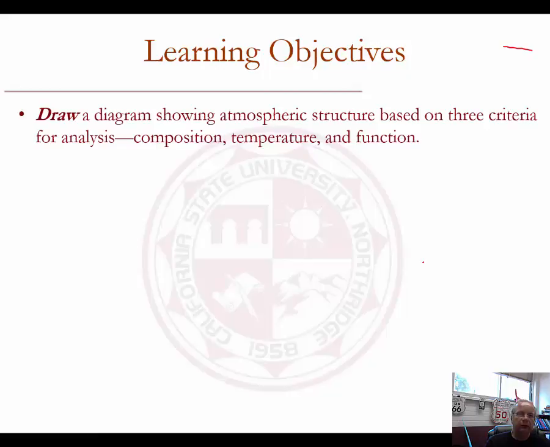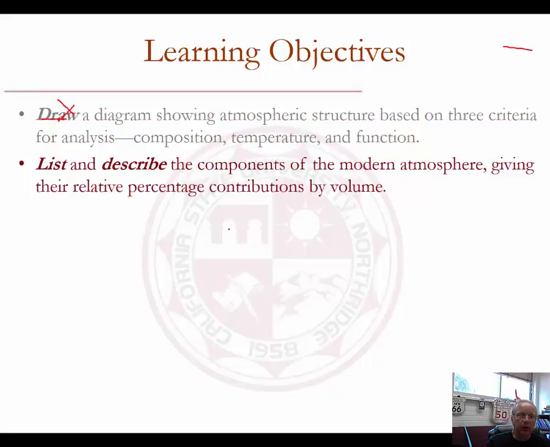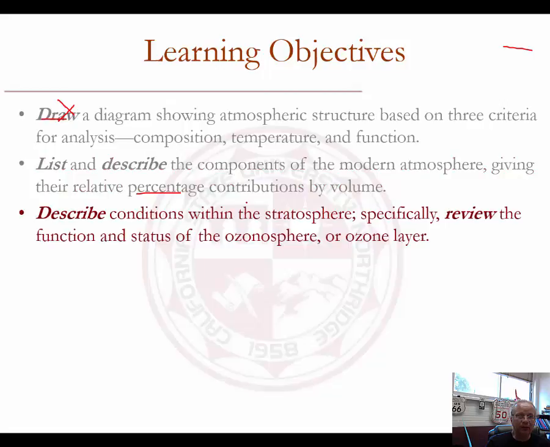The learning objectives are drawn out here. Because it's online, we probably won't have you do this, but you may be asked to list the components of the modern atmosphere and understand the relative percentages of what's in the atmosphere, and describe the conditions in the stratosphere, particularly the function of the ozonosphere, or the ozone layer.